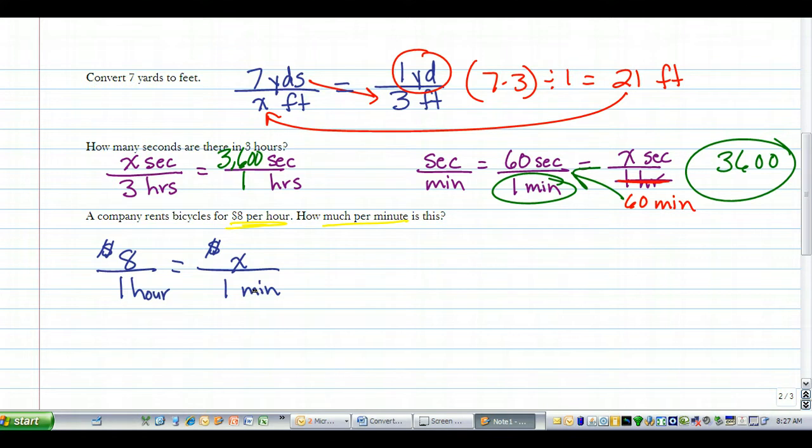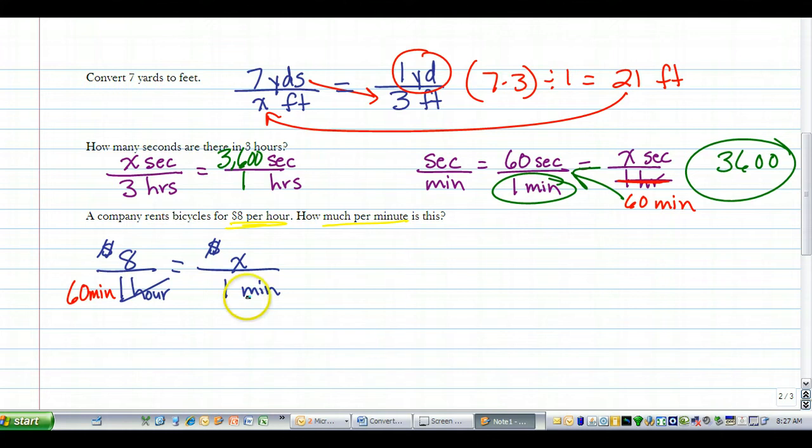And that would be pretty easy. So all you would have to do then is take this hour and change it to minutes. And this is now 60 minutes. All right, I've got dollars on top. I've got minutes on the bottom. I can crisscross multiply, divide by the lonely guy.